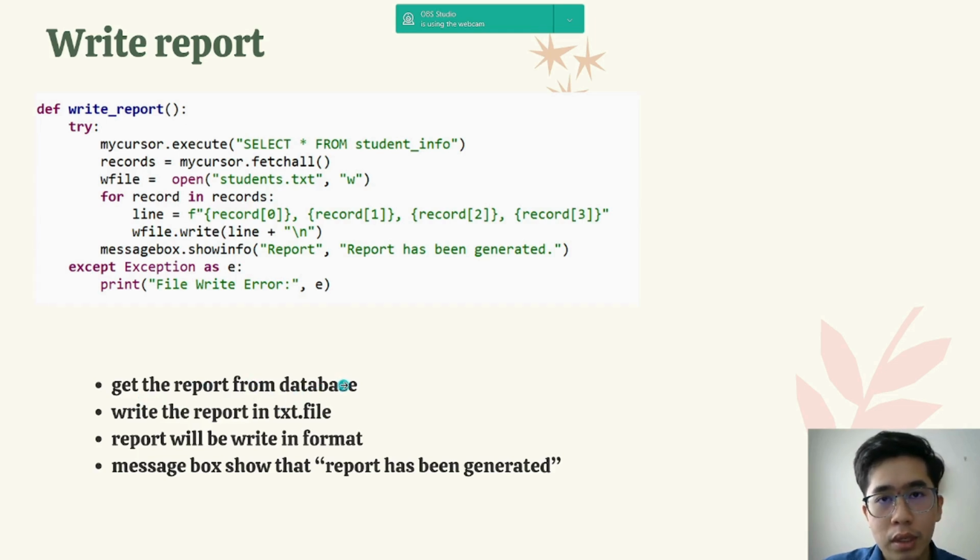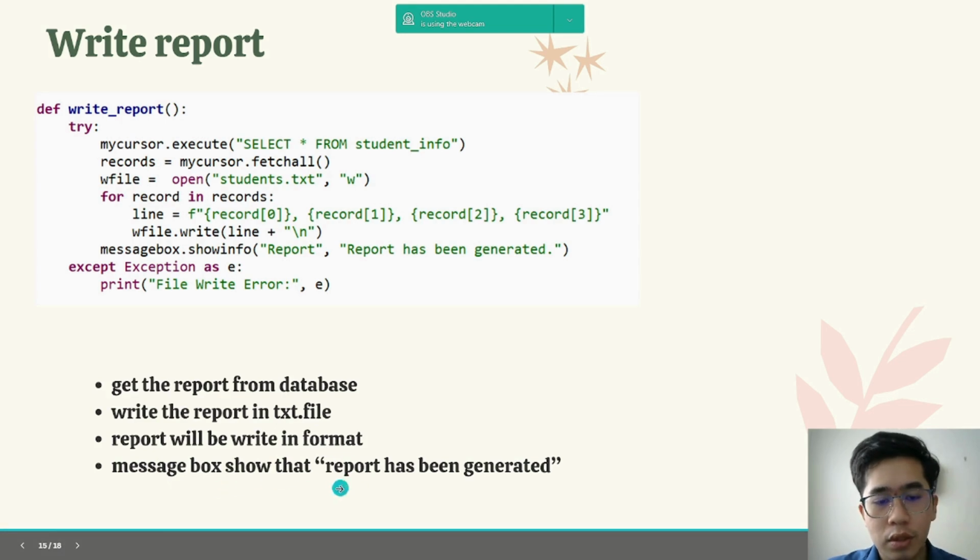It will generate the report and write the data into the text file, and the data is based on what is in the database. The report will be written in the text file, and a message box shows that the report has been generated.